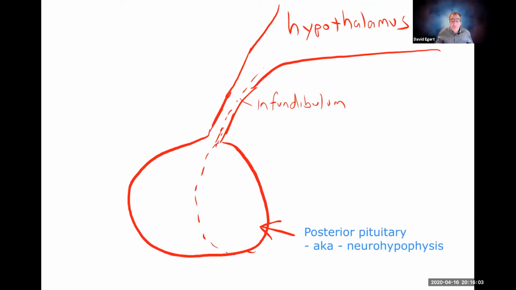The word hypophysis is another synonym for pituitary gland. So when you see the word hypophysis, it means pituitary gland. This other side is going to be the anterior pituitary, AKA the adenohypophysis.